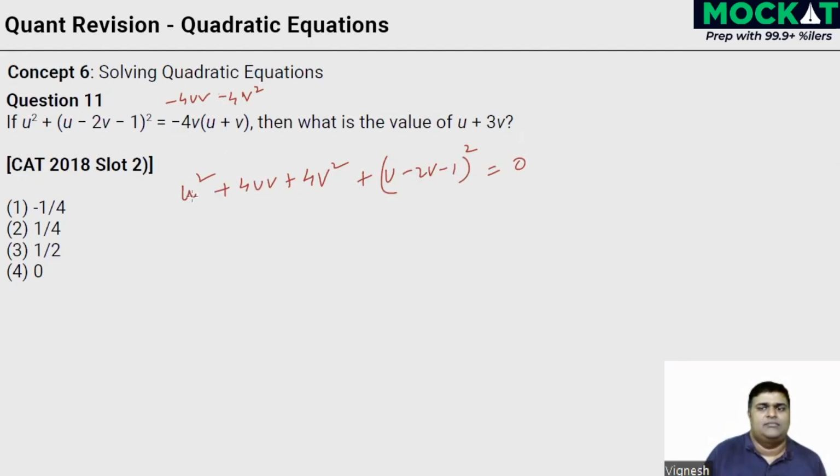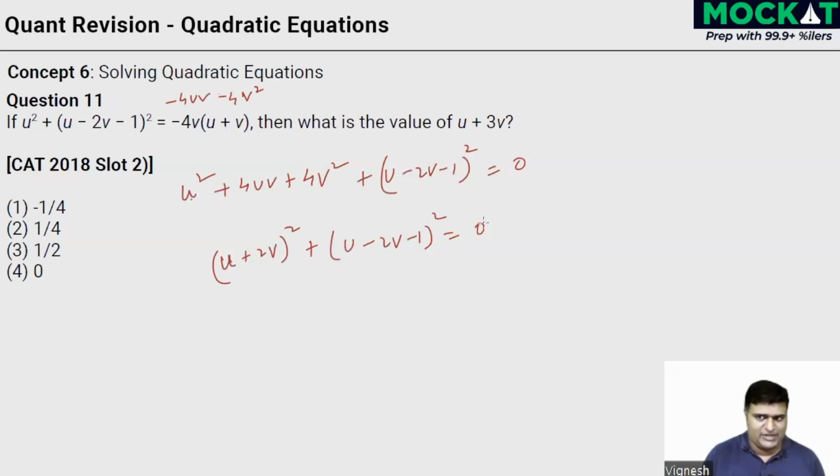Now what is this like? If this is in the form of u plus 2v the whole square expansion, u square plus 4v square plus 2 into u into 2v, which is 4uv, works out. So plus u minus 2v minus 1 whole square equals 0. That's it, u plus 2v. How is this possible?